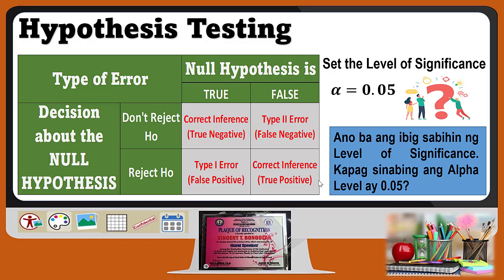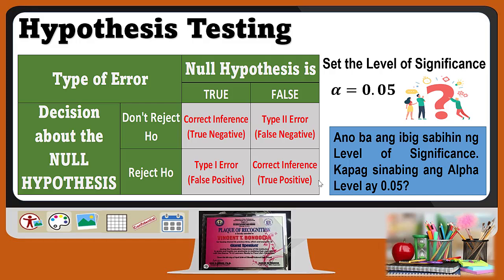This is an X percentage of chance that you will accept the alternative hypothesis when the null hypothesis is true. Okay? Ito yung pagkakataon o ito yung percentage ng pagkakataon na mali ang magiging desisyon ng judge.